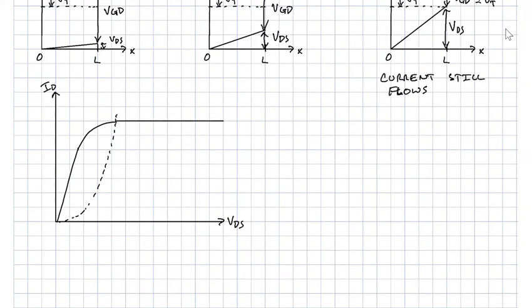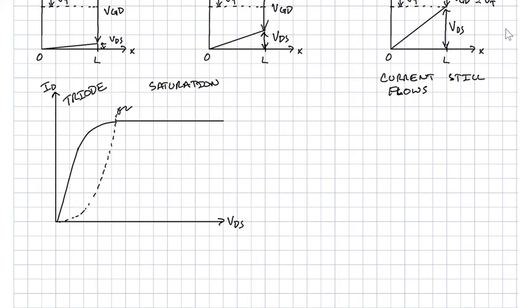If I start labeling these, triode is that lower VDS region, and saturation is this new mode of operation that we're talking about. What happens is when we really only have that one threshold between gate and drain, that's the boundary of this region.